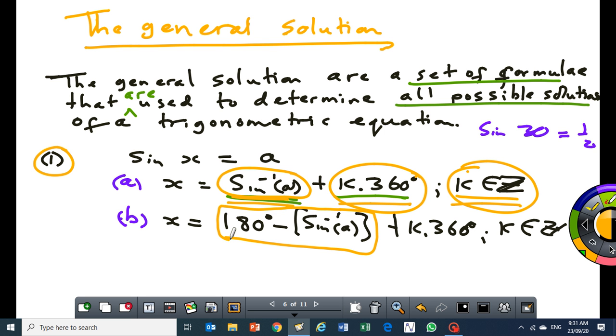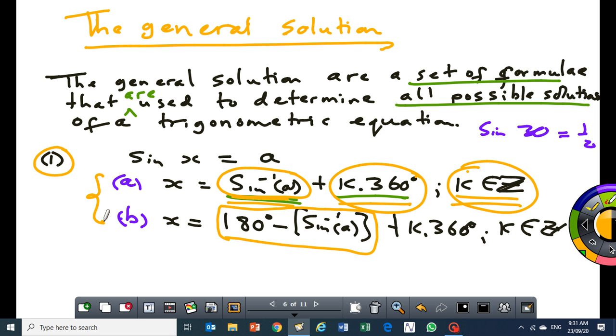Again, you do that to get all the possible solutions, depending on the interval given in the question. So these two help you determine all possible solutions.